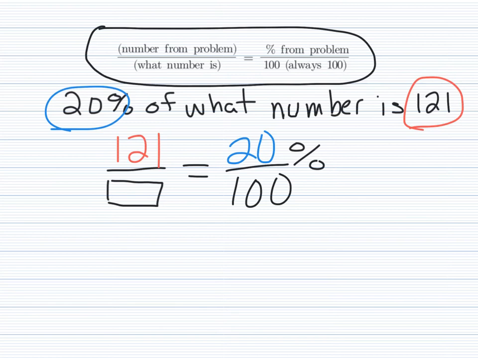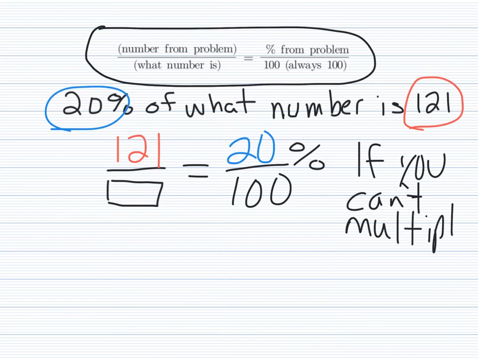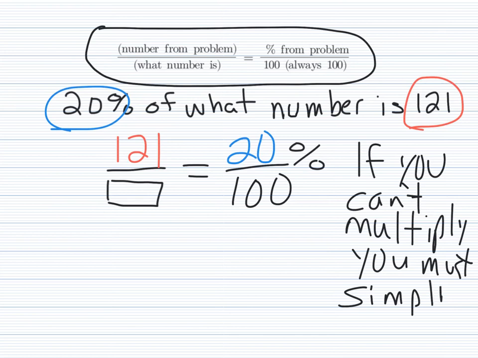So here's a nice little saying: if you can't multiply, you must simplify. I can't multiply this. I cannot get from 20 to 121.